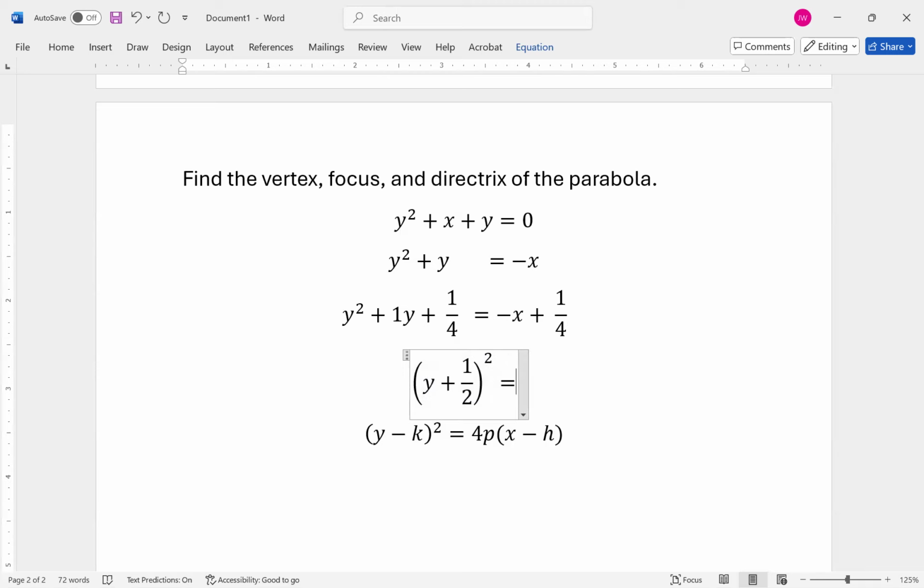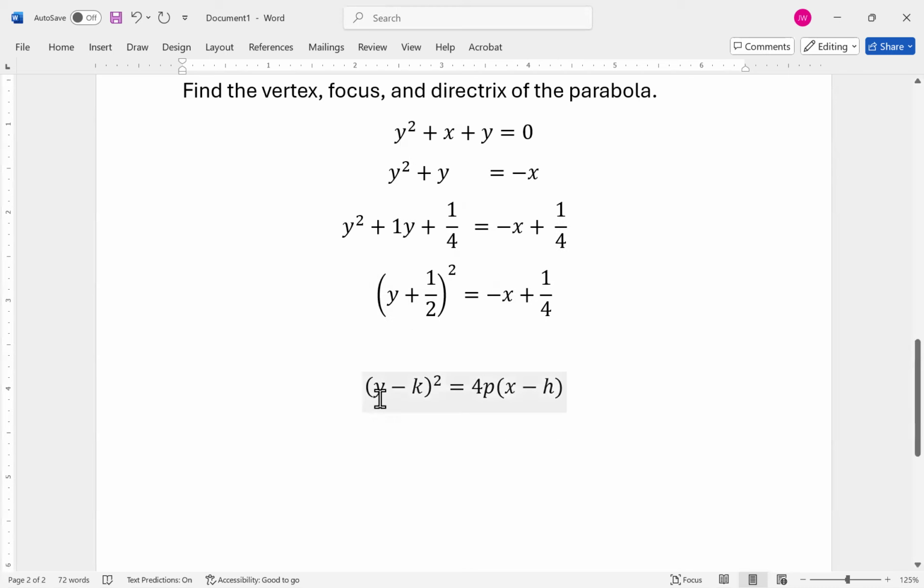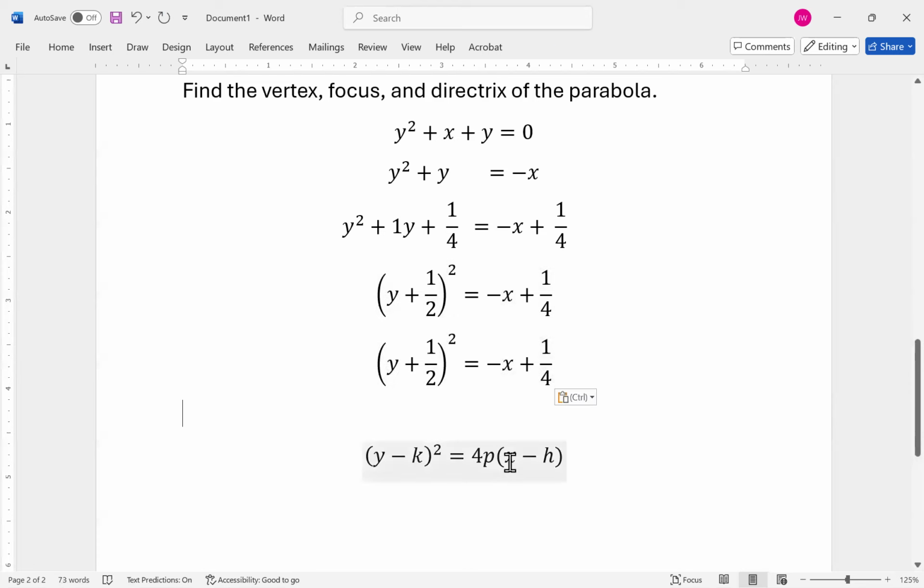Now I have the square term where I wanted. I wanted to have y minus k squared on the left-hand side. I now have that through a process of completing the square. So I'm ready to go. But on the right-hand side, I don't quite have what I want.